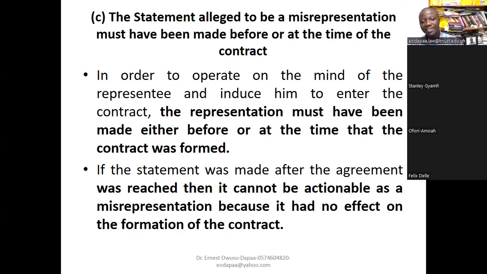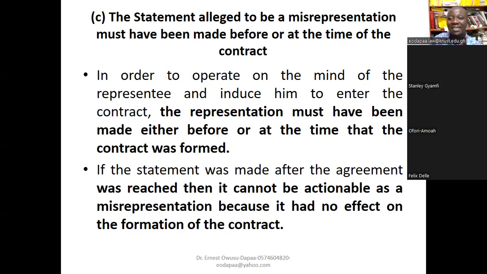Now, if the statement was made after the agreement was reached, then despite the fact that it is a false statement, it cannot be actionable as misrepresentation because it had no effect on the formation of the contract. So what we should keep in mind is that by misrepresentation, we are talking about the context of formation of the contract.